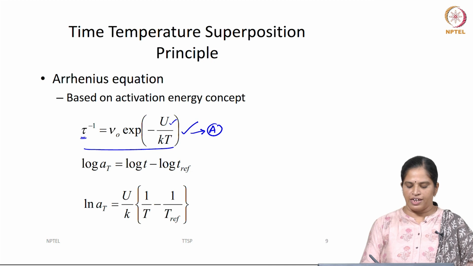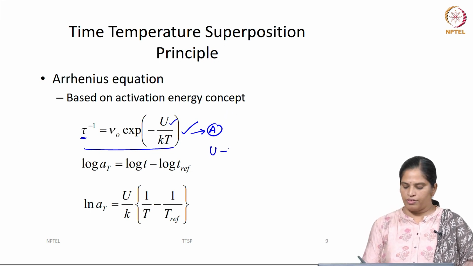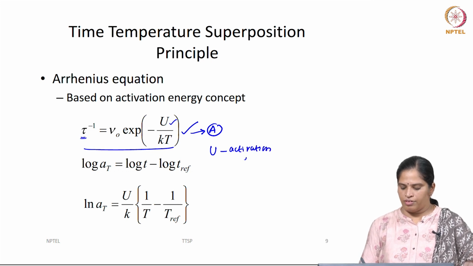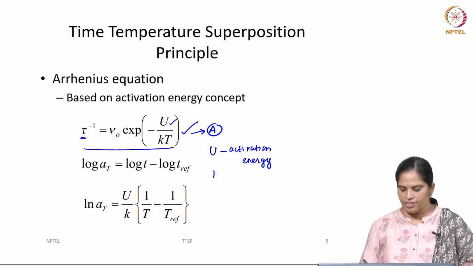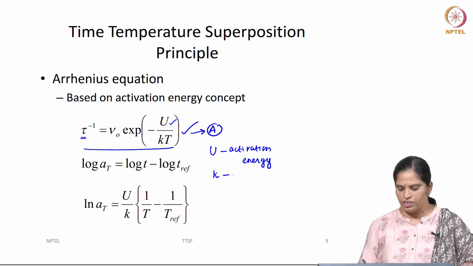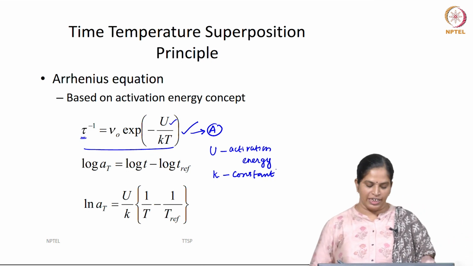U here is the activation energy and K is the Boltzmann constant, a constant value for a material.